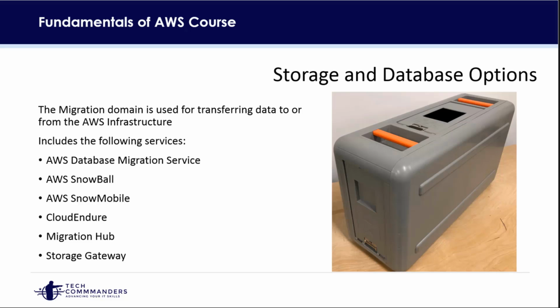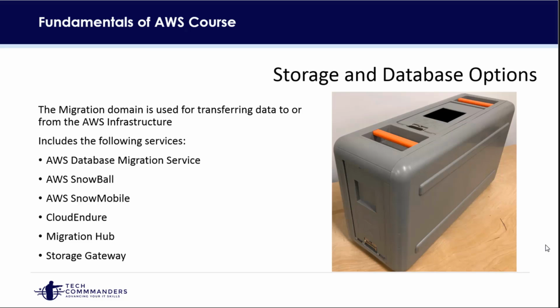Now, Snowball is meant to transfer large amounts of data, and it uses a physical device, very similar to what you see here. And it's meant to basically support 50 terabytes or 80 terabytes. I have a brief discussion on that coming up as well.